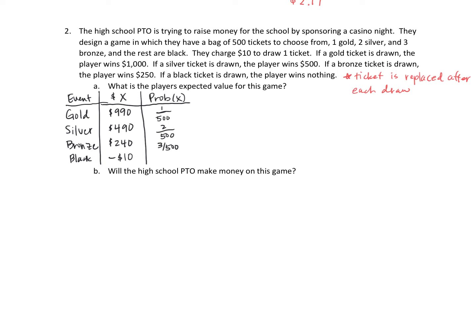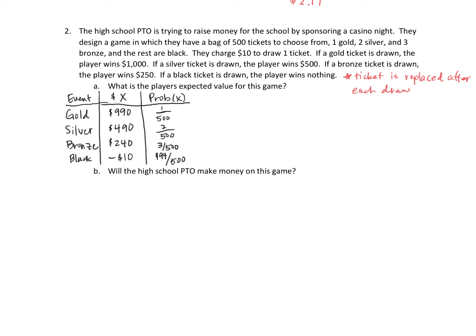If there are a total of 500 tickets and we used 6, that leaves 494 tickets that are black. So 494 out of 500 is your probability for drawing a black ticket. If you add up all of your numerators, they should add up to 500, and they do. That means all of the options are listed here in the chart.